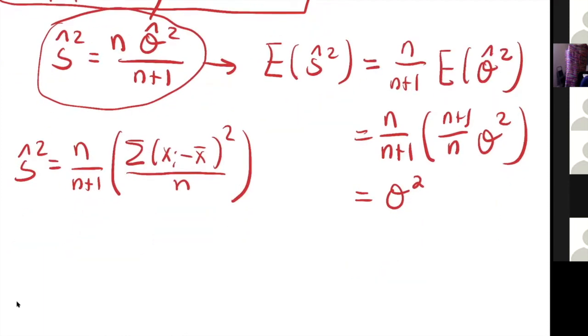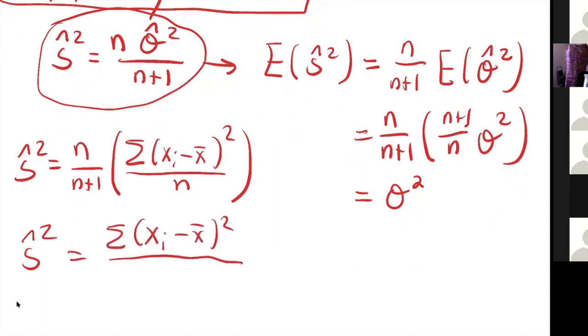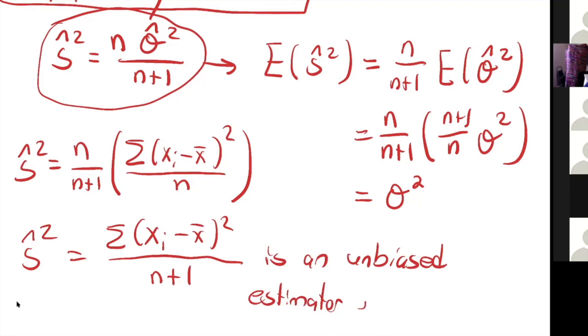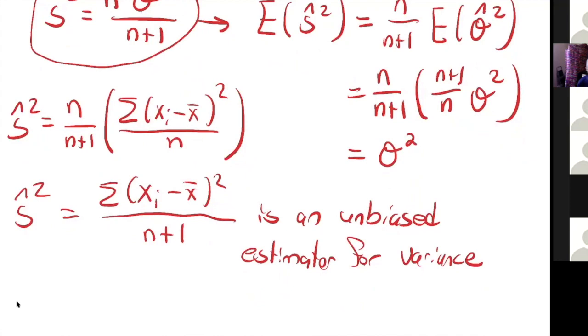And let me just say that estimator sigma hat was originally defined as this. So we get a cancellation of those n's. So we can see that this sigma squared estimator that we tweaked a little bit is actually an unbiased estimator.